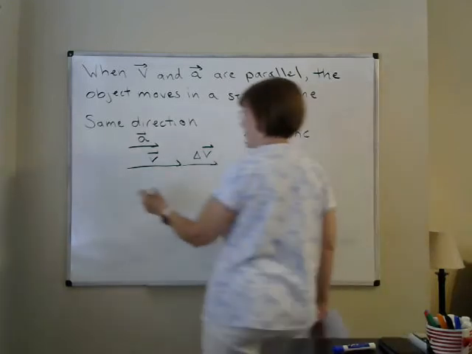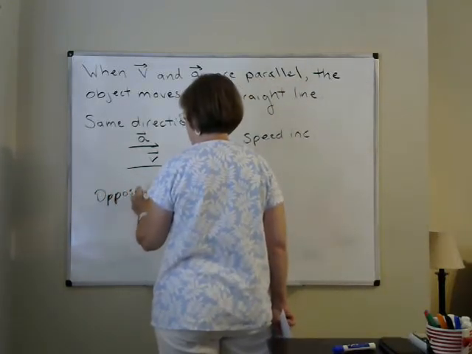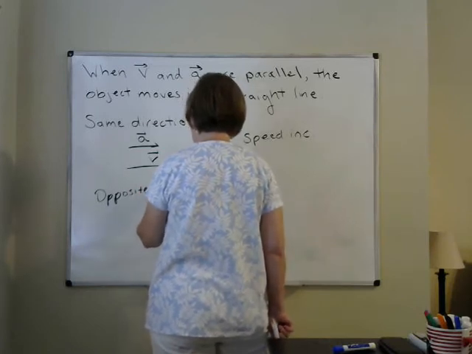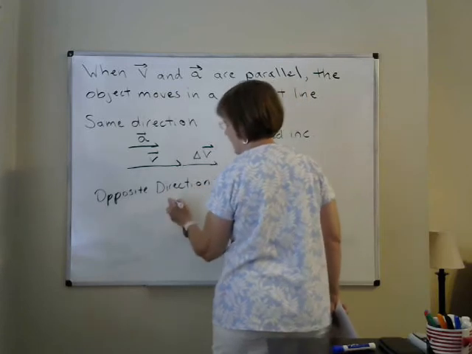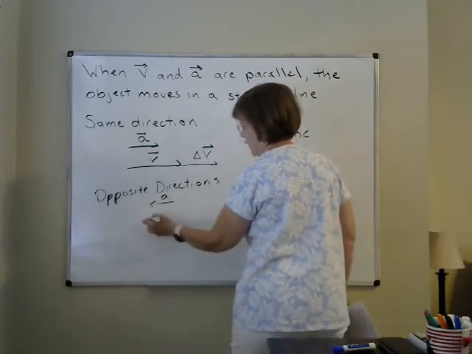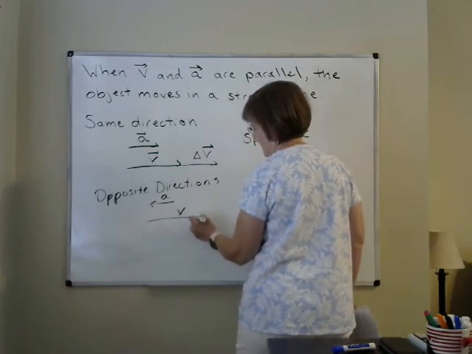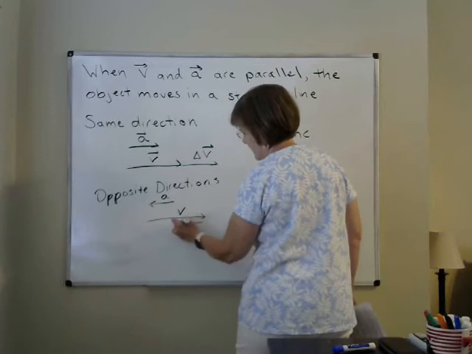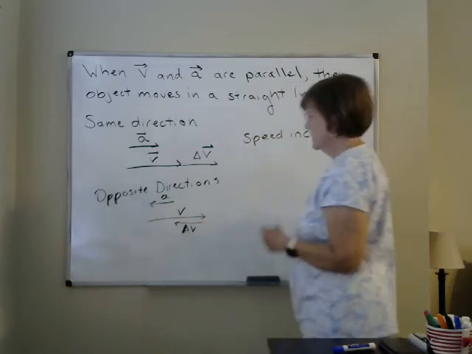If they happen to point in opposite directions, what we see is if we have, say, an acceleration that points to the left, but the velocity vector points to the right, then our change in velocity, however big it might be, is going to also be to the left.